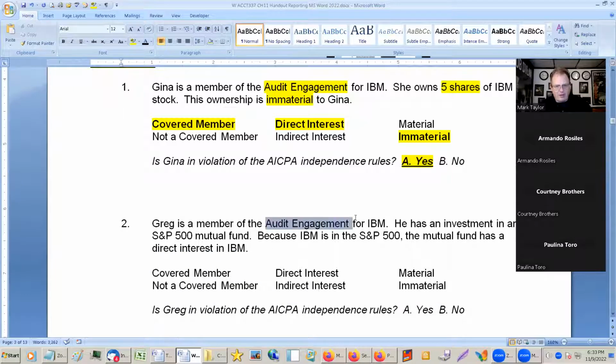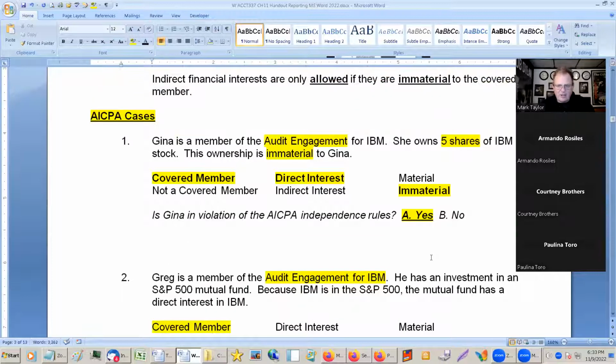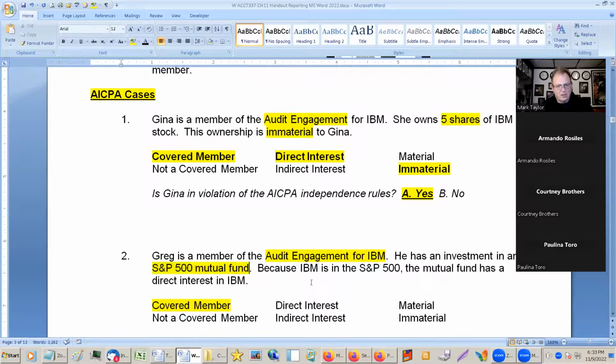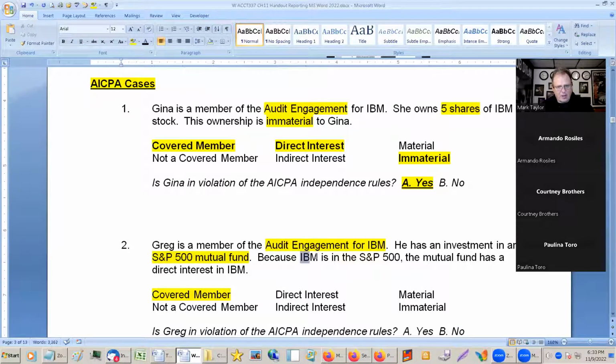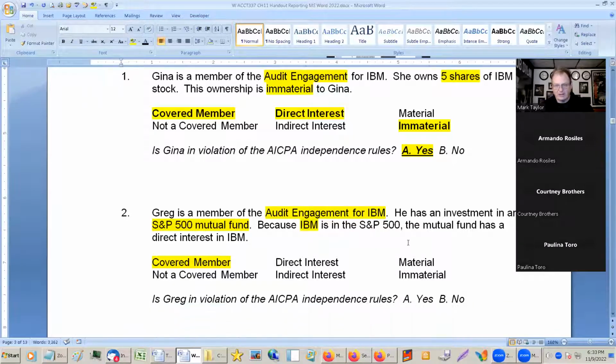Greg is a member of the audit engagement for IBM. So he is also a covered member. Anyone who's on the audit is a covered member. He has an investment in an S&P 500 mutual fund. IBM is in the Standard & Poor's 500, which has 500 companies in it.